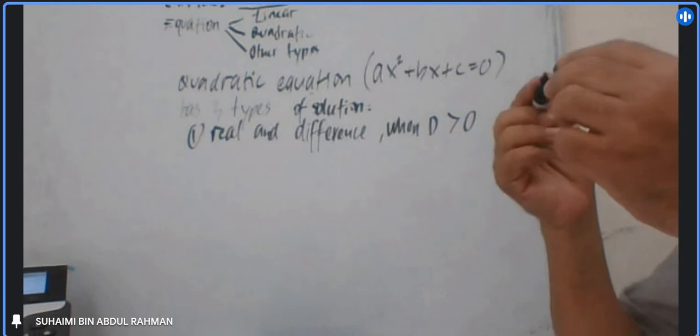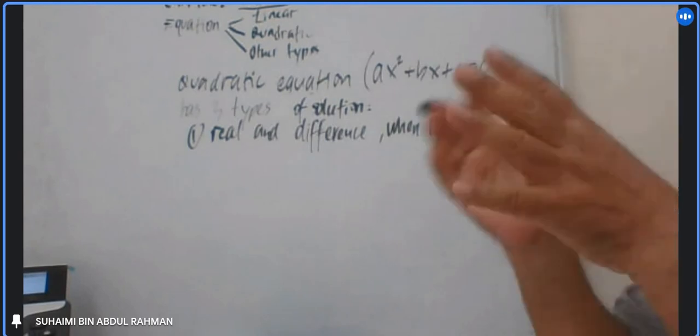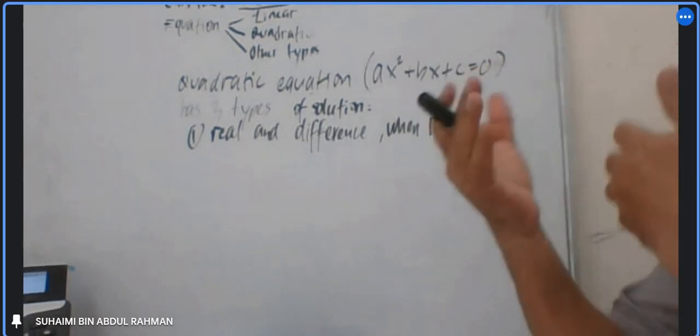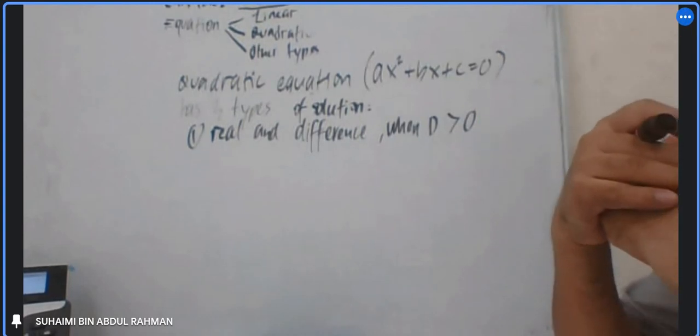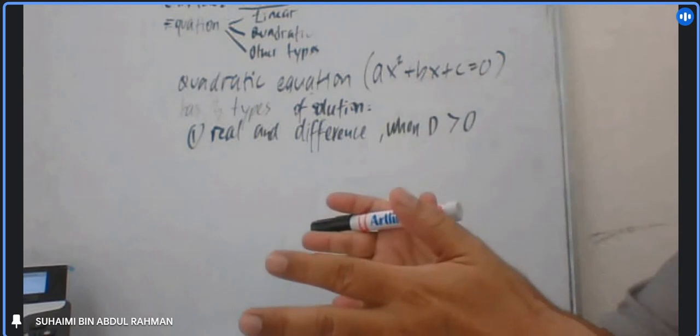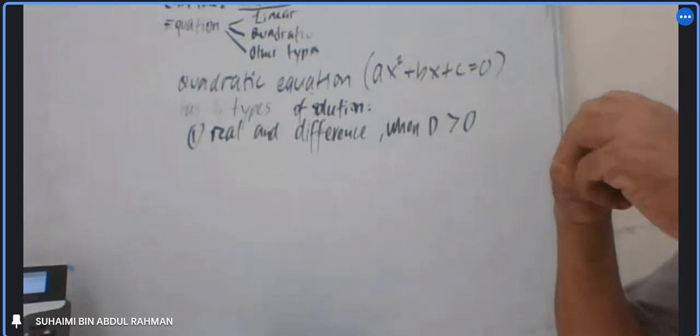So we have two values, they are real, and the two values are different. So they are different and also real.